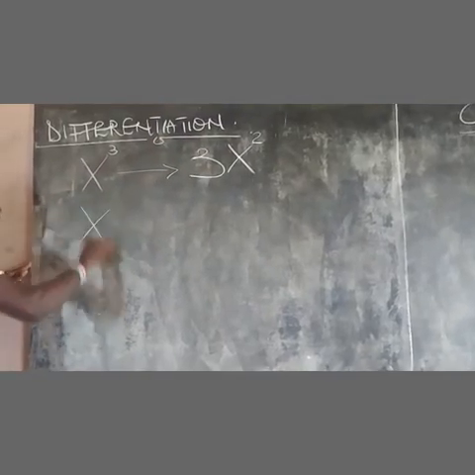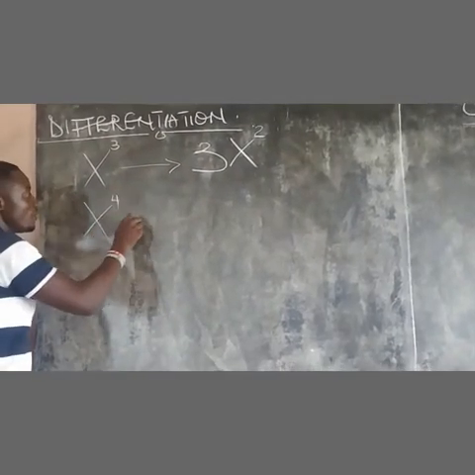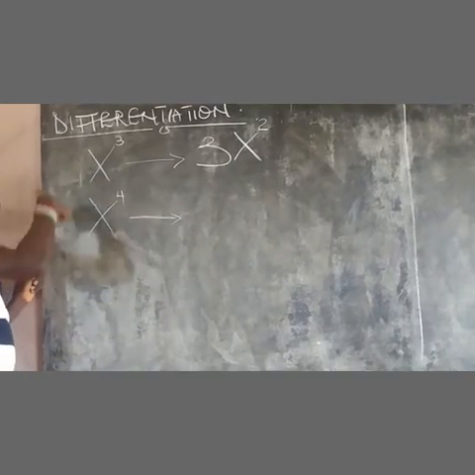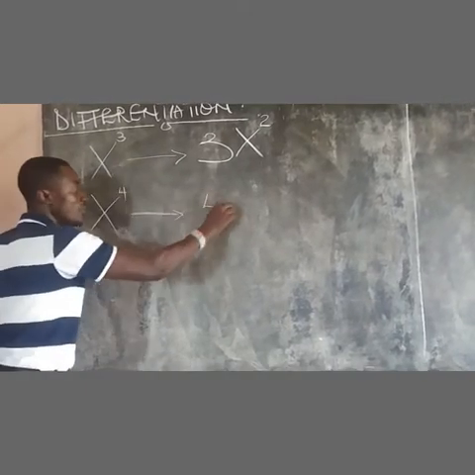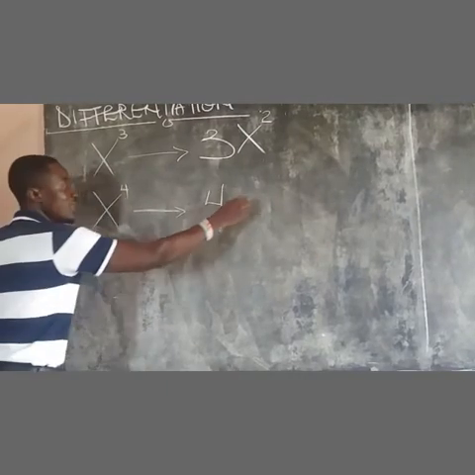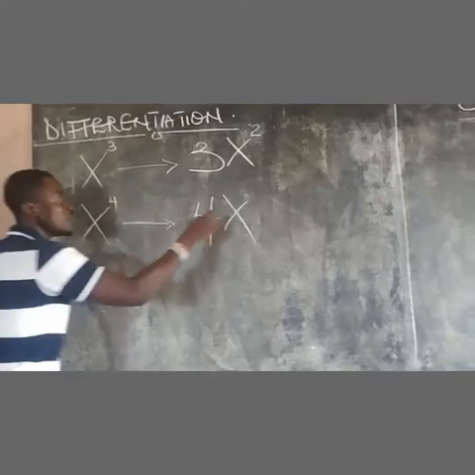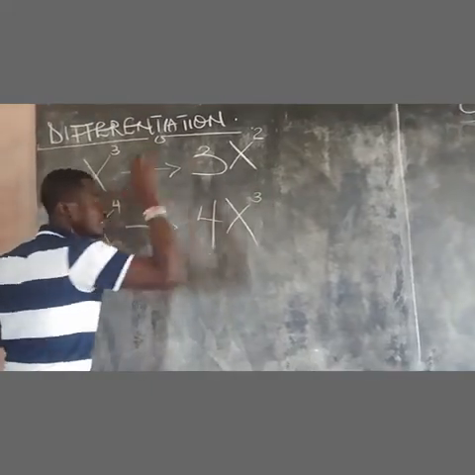Now, let's go to x exponent 4. Multiply the exponent by the coefficient, so we have 4 here. Write the variable x. You subtract 1 from the exponent, so this will give us exponent 3.